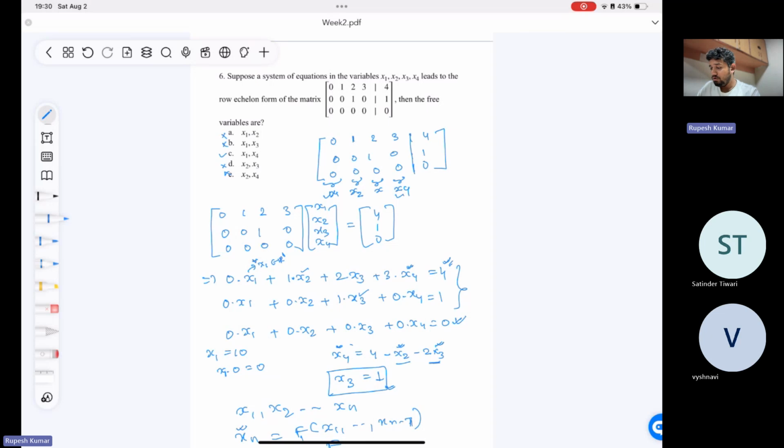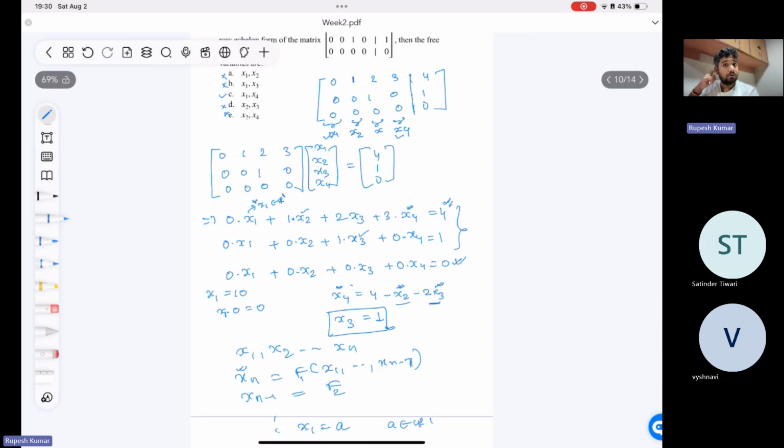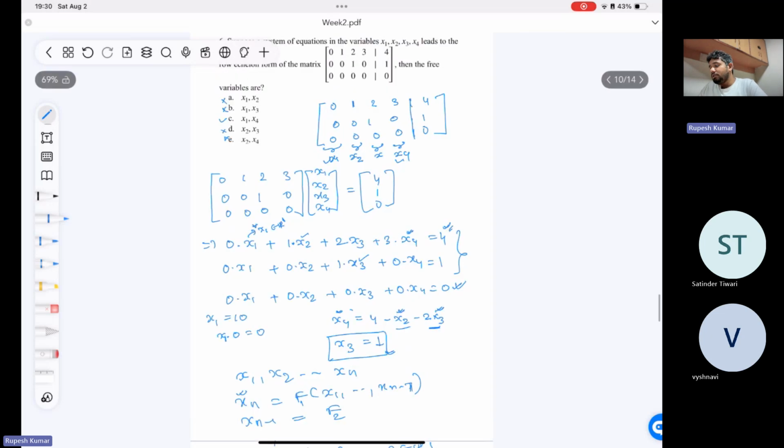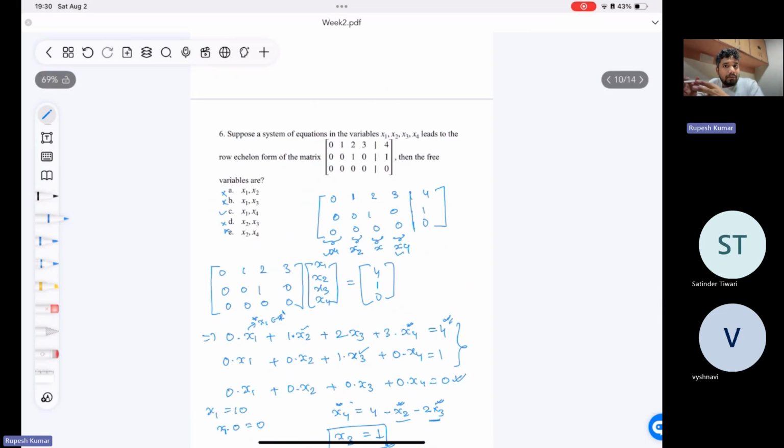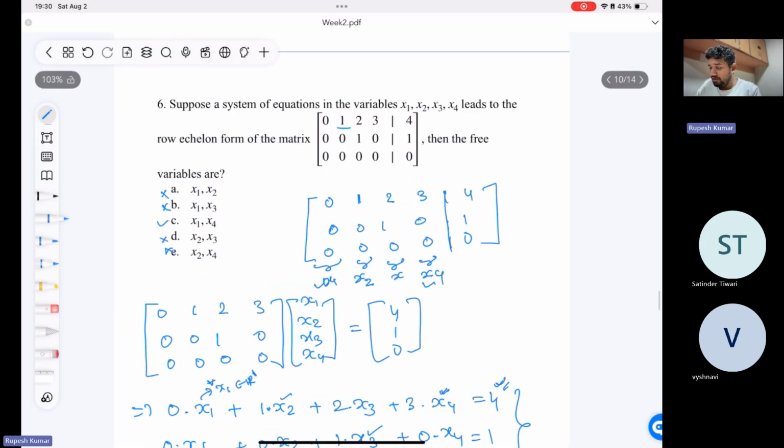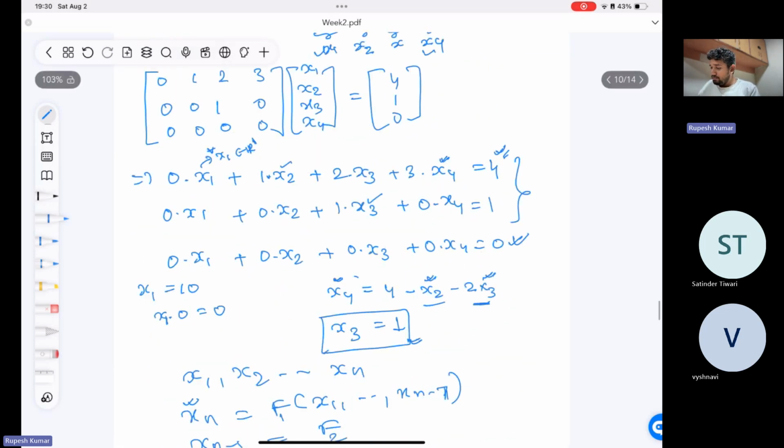Fine. And if you want to look at this more easily, you can simply follow the basic idea of substitution. When you do substitutions, you will see that the free variables can be represented in terms of the non-free variables, the variables which are associated with these pivot entries.